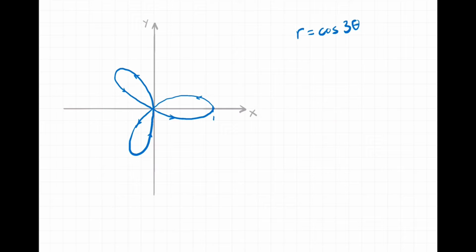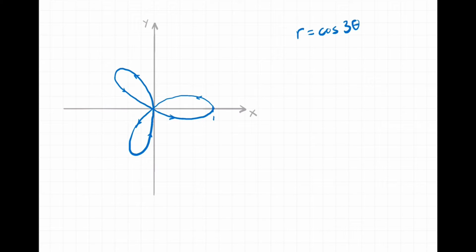Now, I'd like to know a few things. First of all, what range of values, what interval does theta need to take on in order to trace out the entire curve once? So, over what interval should theta go to trace out the entire curve once?